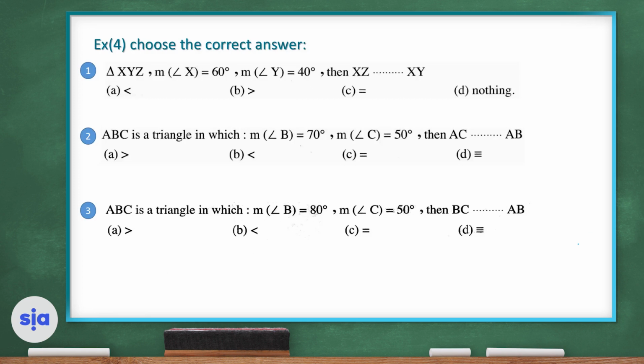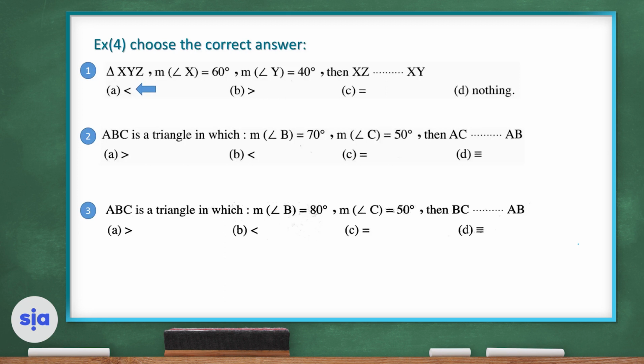Exercise 4. Choose the correct answer. In triangle XYZ, the measure of angle X is 60 degrees, where the measure of angle Y is 40 degrees, then XZ is less than XY. Question 2. ABC is a triangle in which the measure of angle B is 70 and the measure of angle C is 50.